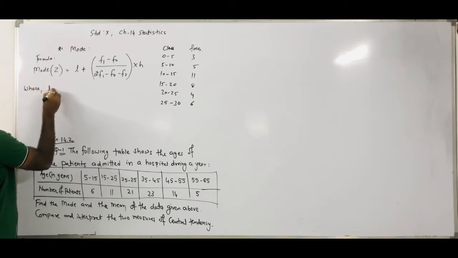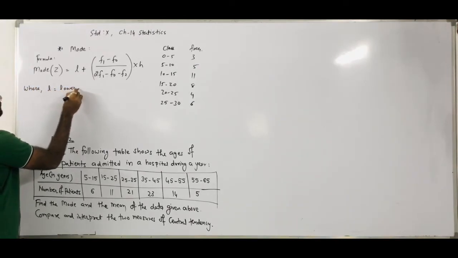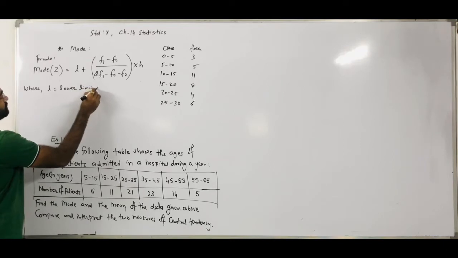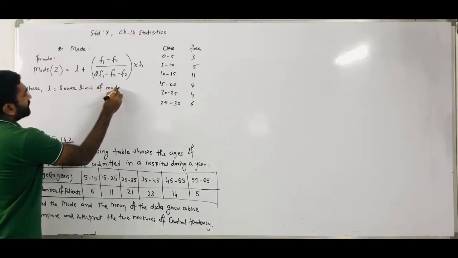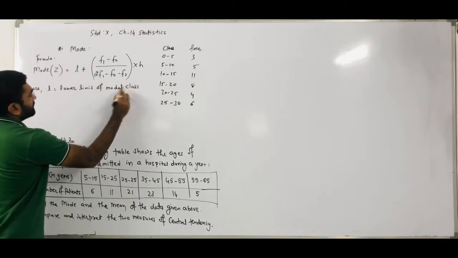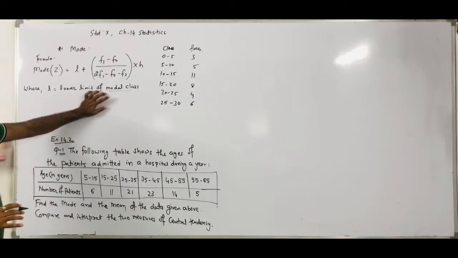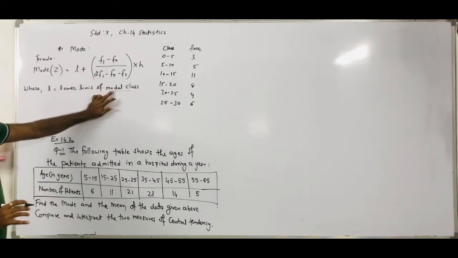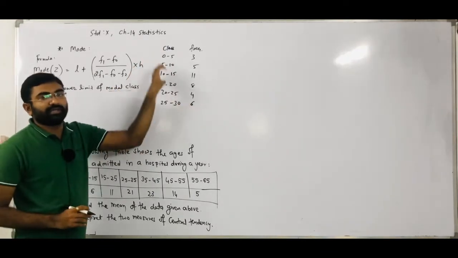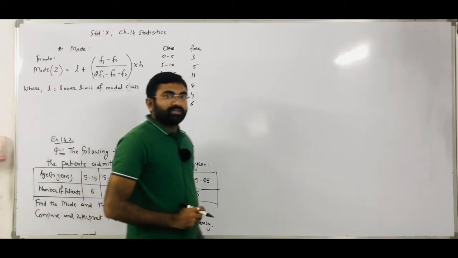Here L is the lower limit of the modal class. Modal class is a new word. For the mode, you first have to decide the modal class. How do we define it in the given observations?